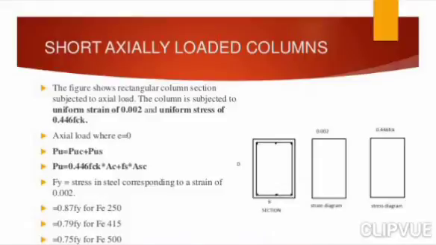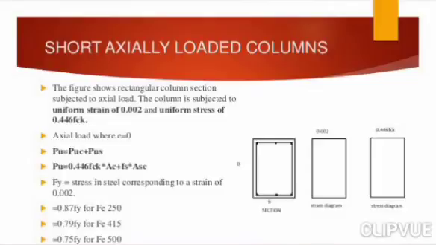Short axially loaded columns. Here the figure shows a rectangular column section subjected to axial load. The column is subjected to a uniform strain of 0.002 and uniform stress of 0.446 fck.